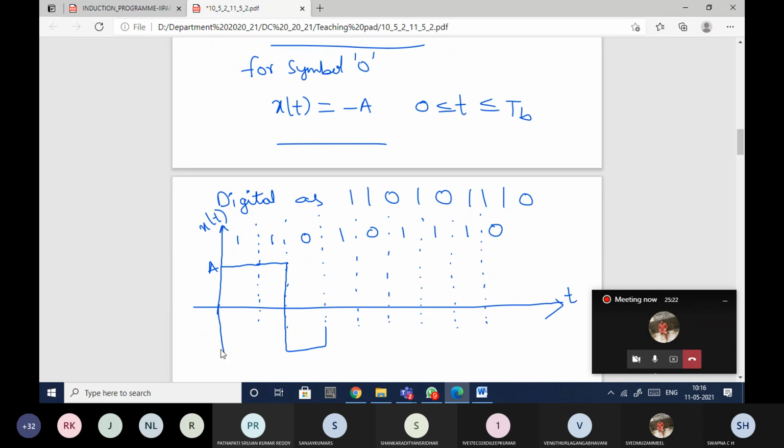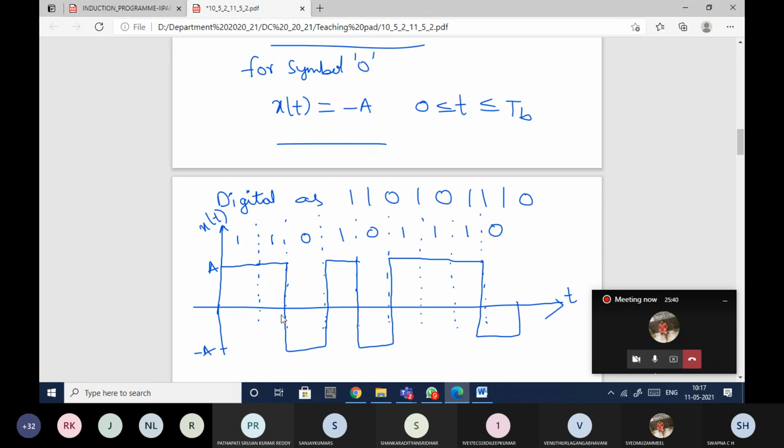This is minus A. Again I have got a 1, so it will be plus A, 0 minus A, 1 plus A, again 1 plus A, again 1 plus A, 0 minus A.